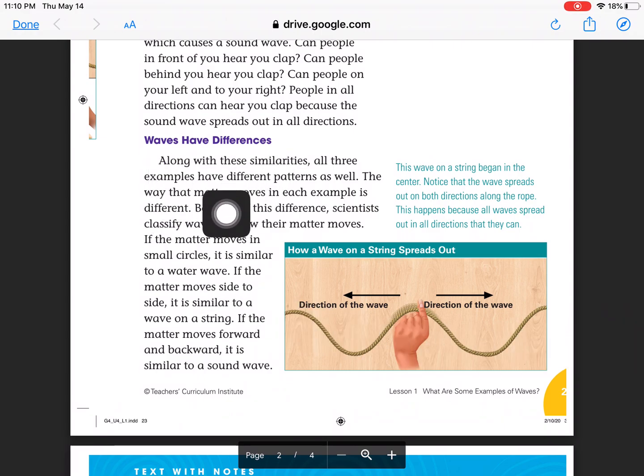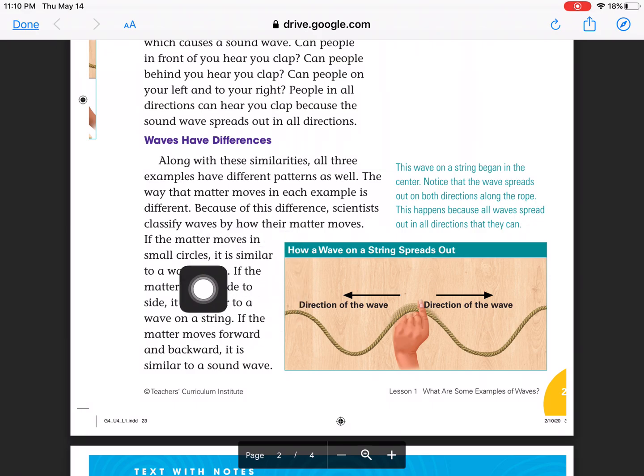Waves have differences. Along with these similarities, all 3 examples have different patterns as well. The way the matter moves in each example is different. Because of this difference, scientists classify waves by how their matter moves. If the matter moves in small circles, it is similar to a water wave.